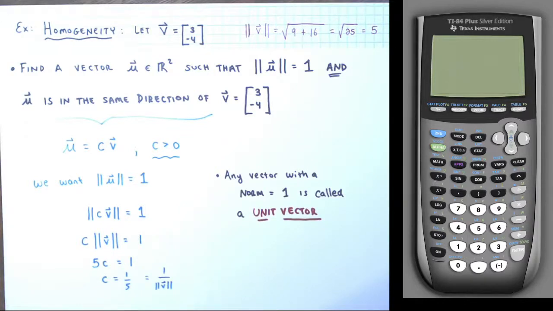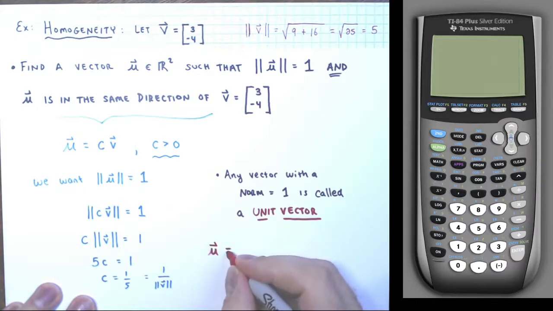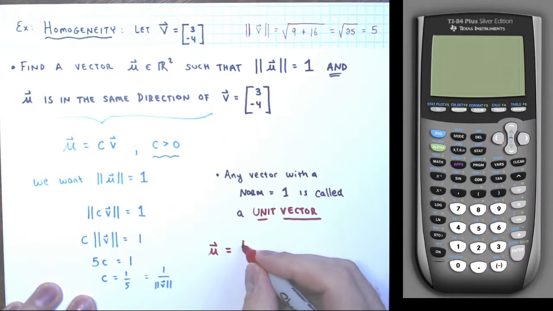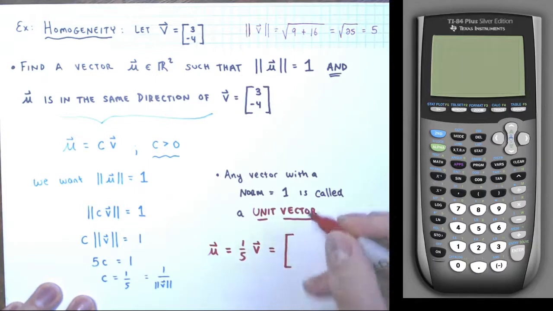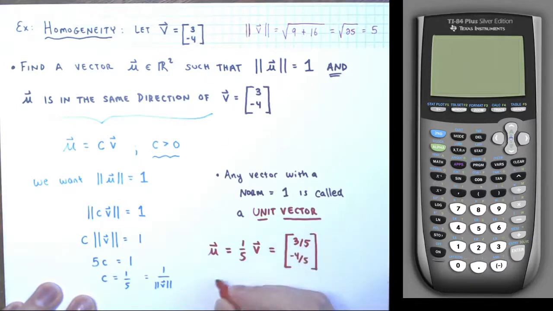So u here, this unit vector, is just 1/5 times vector v. If I multiply each component of v by 1/5, that's the vector (3/5, -4/5). And there we go.